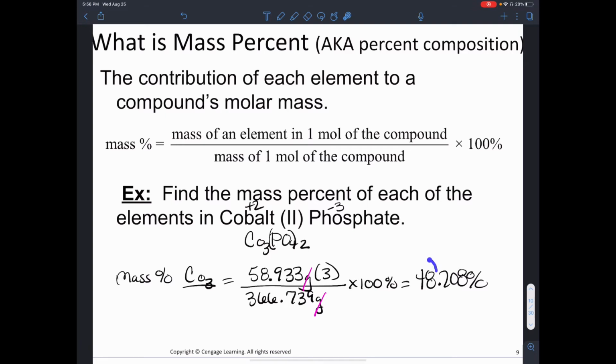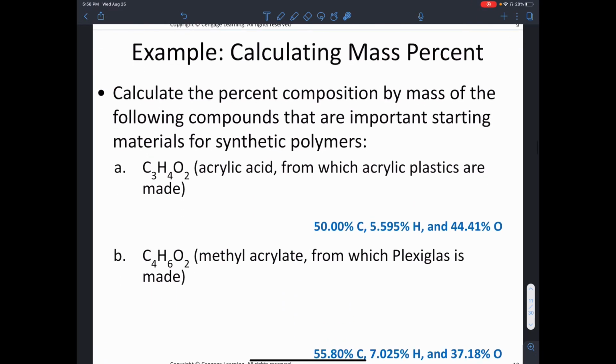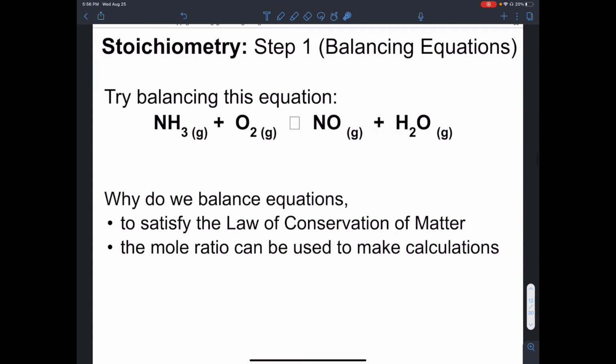However, a lot of times a teacher might ask you to report your percent as a whole number. Just don't be surprised if you see that, because we know it's out of 100 and it's just easy to round that way. Here's some more sample problems that you can try in class.